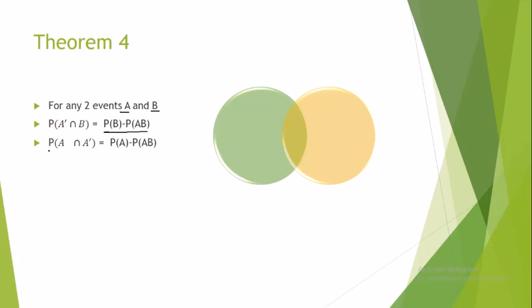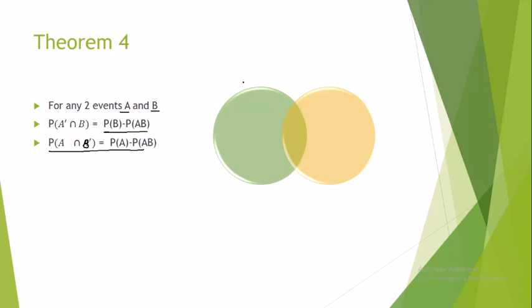Similarly, you will have to prove another statement: the probability of A intersection B complement is equal to probability of A minus probability of AB. So these are the two things that we have to prove.